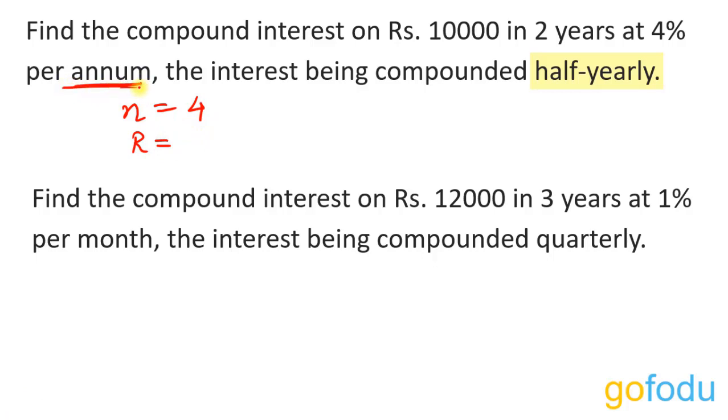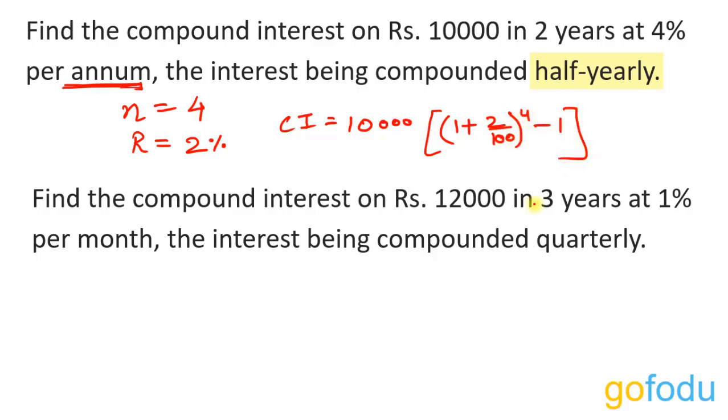Annum means year. So the rate of interest given is yearly. For half year, we will divide this by 2. Rate of interest for half year would be 2%. Put this in the formula. Compound interest would be 10,000 into (1 plus 2 upon 100) whole raised to 4, minus 1.